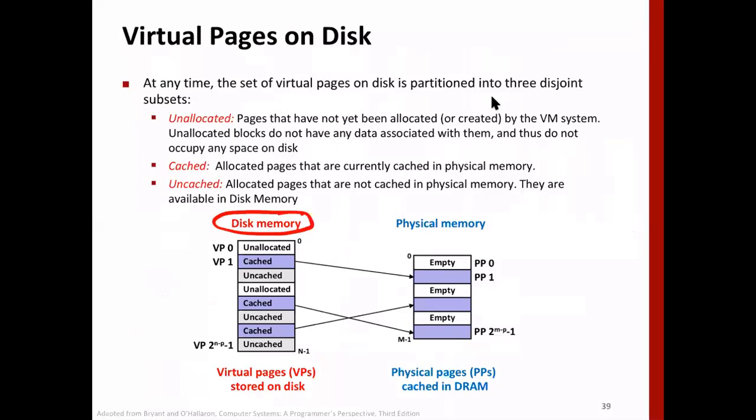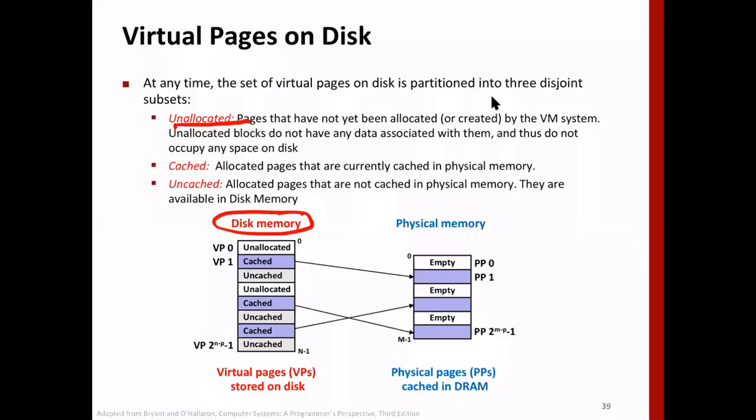Now this is the disk memory. We have not discussed the disk memory, so now we'll look at its structure. Disk memory, corresponding to a process, is also partitioned into pages. There are 3 different kinds of pages it can have. First is unallocated, which means they don't exist.